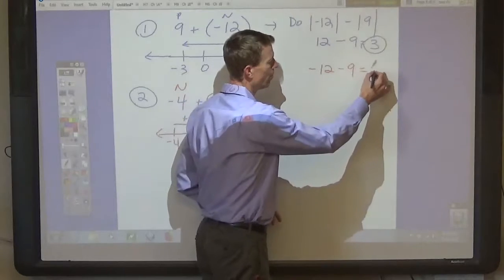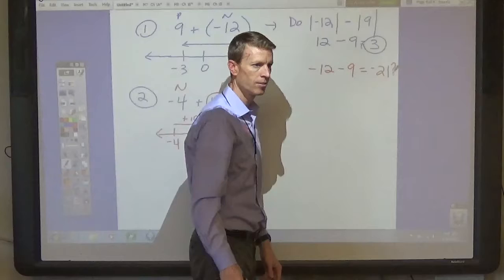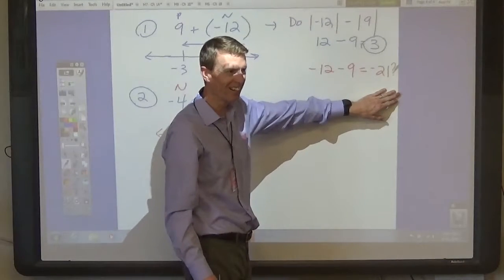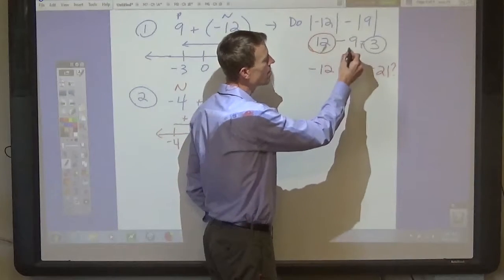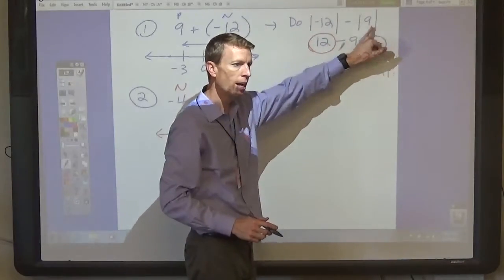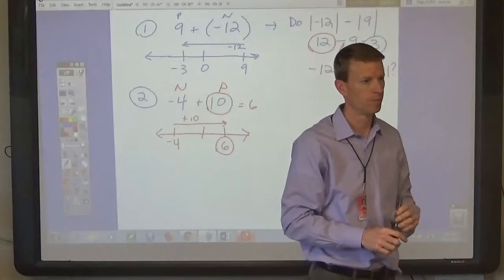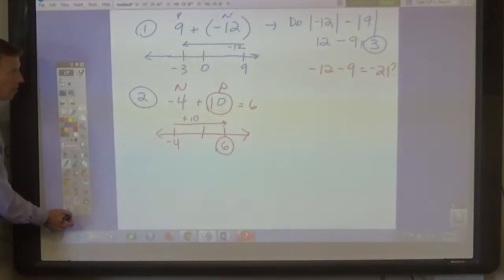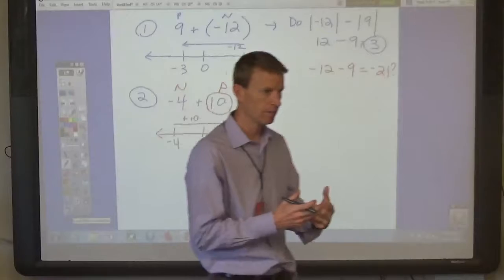You get negative 21. So that's not the answer. I didn't say you did. What I'm telling you is that in order to find the difference of these two, you have to use their absolute values, the spaces that they would take up on a number line. That's what I'm showing you, to deepen your understanding of what you're doing.